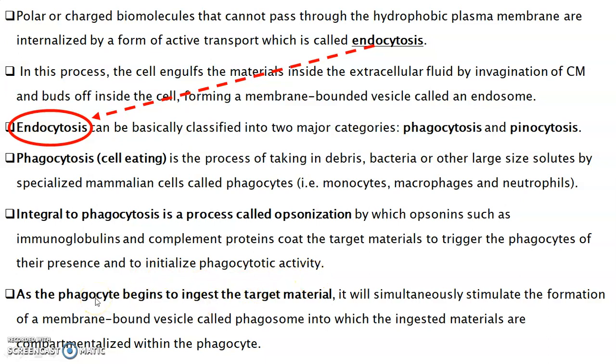As the phagocyte begins to ingest the target material, it will simultaneously stimulate the formation of membrane-bound vesicles called phagosomes, into which the ingested materials are compartmentalized within the phagocytes.